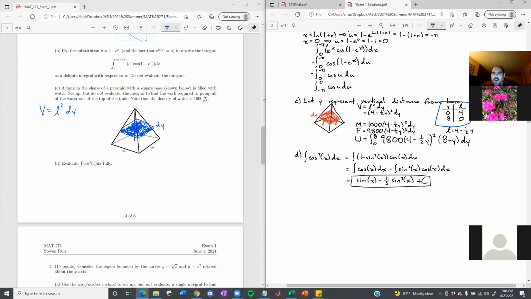When I'm at the bottom of the pyramid, the side length is 4, because that's exactly how big the base is. And at the top of the pyramid, when y is equal to 8, my length will be 0. I use those 2 points to come up with a linear equation for L in terms of y. So that allowed me to do this: volume as a function of y is equal to (4 minus 1/2 y) squared dy.